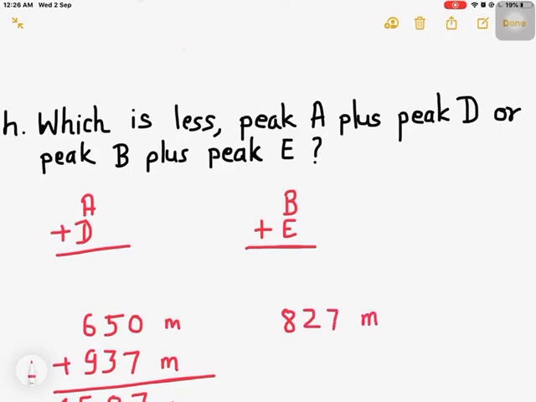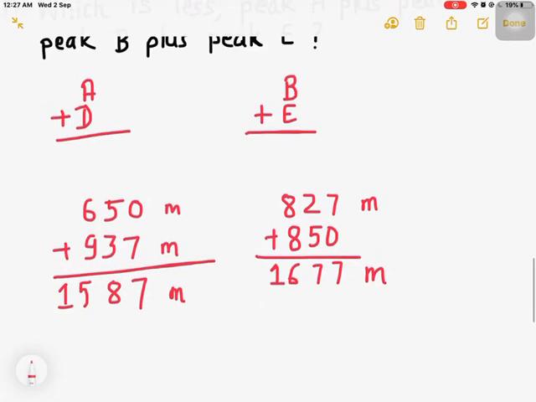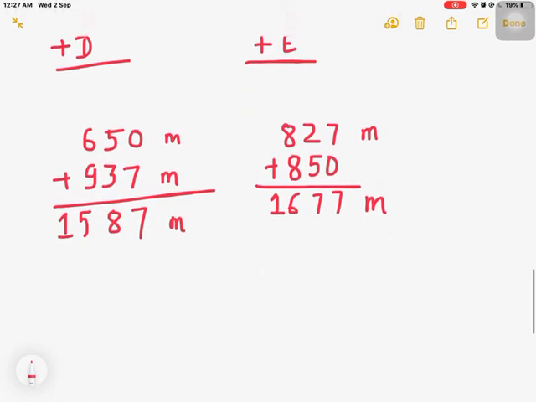Now let's add. 7 plus 0, 7. 5 plus 2, 7. 8 plus 8, 16. So here in our question it is asked which one is less, A plus D or B plus E. Here you can see A plus D is less, isn't it?